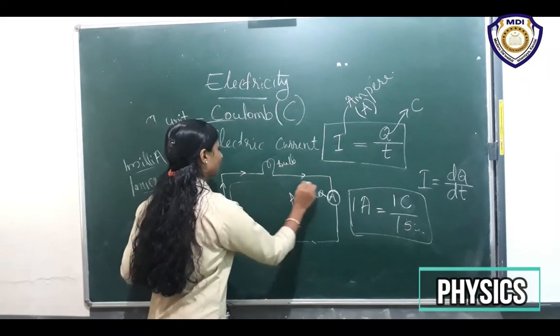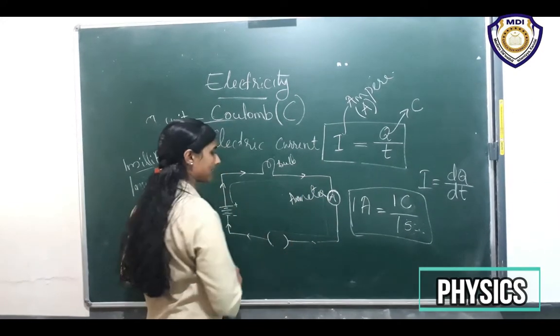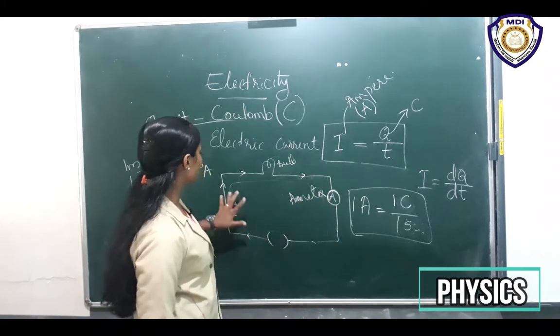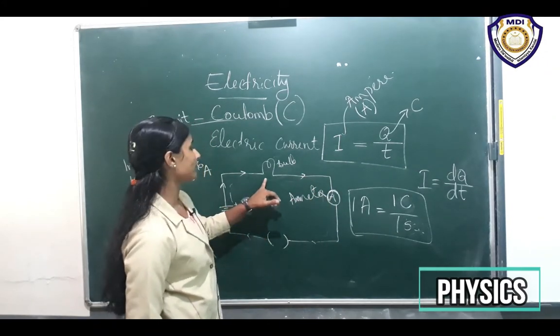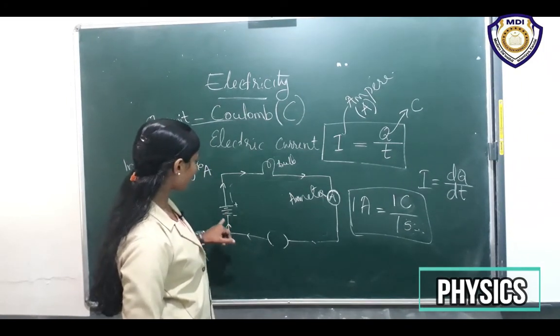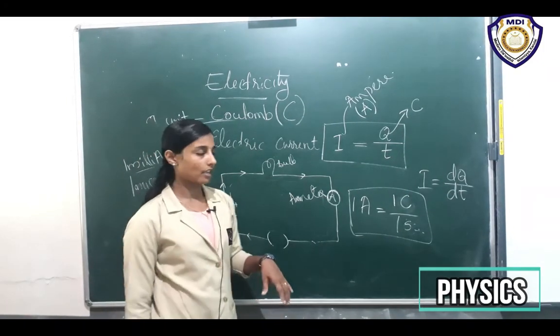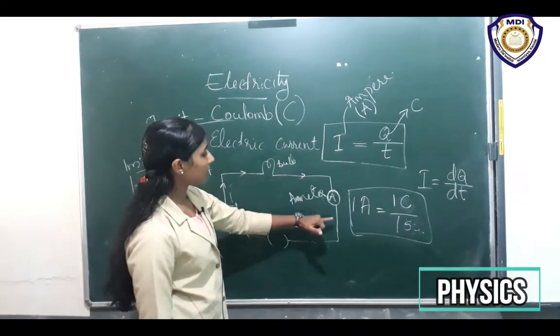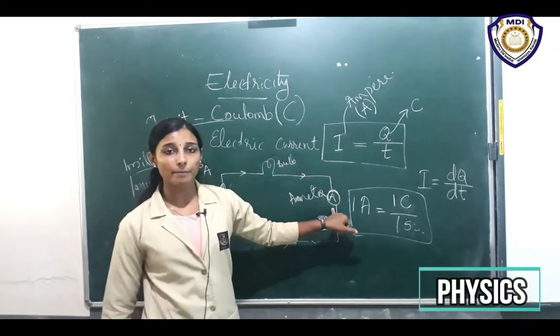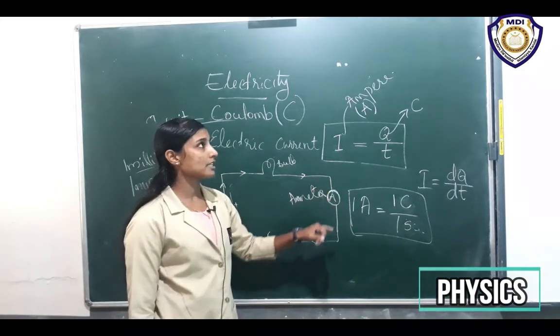From here to here, this is a series. So the ammeter is connected in series with the bulb, switch and cells. The connection between this bulb and ammeter is in series mode.